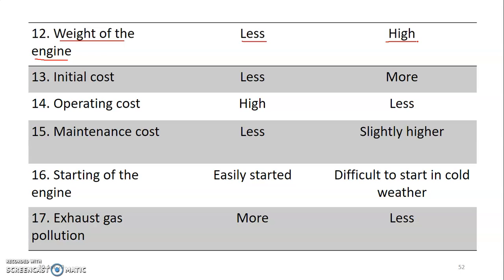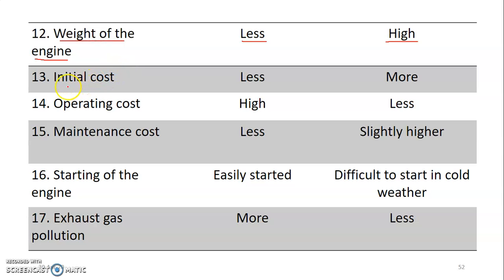The weight of the engine increases when additional fuel injectors or a fuel supply system is required. But in the case of a petrol engine, we need only a small spark plug, and we don't need a fuel injector system. That's why the petrol engine weight is less compared to the diesel engine.